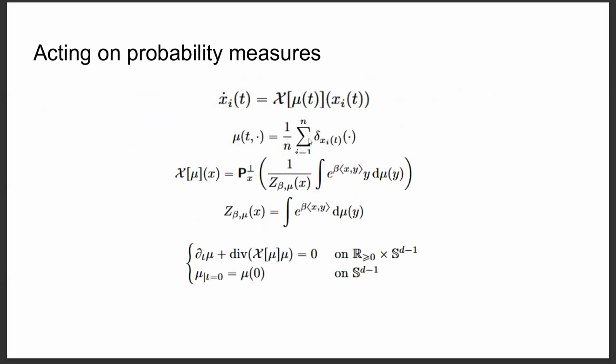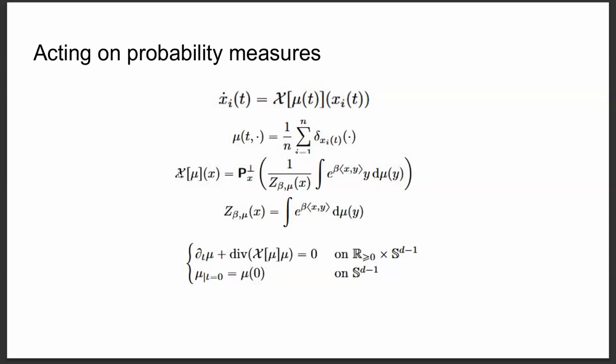The measure mu is given by a statistical interpolation of your data elements.